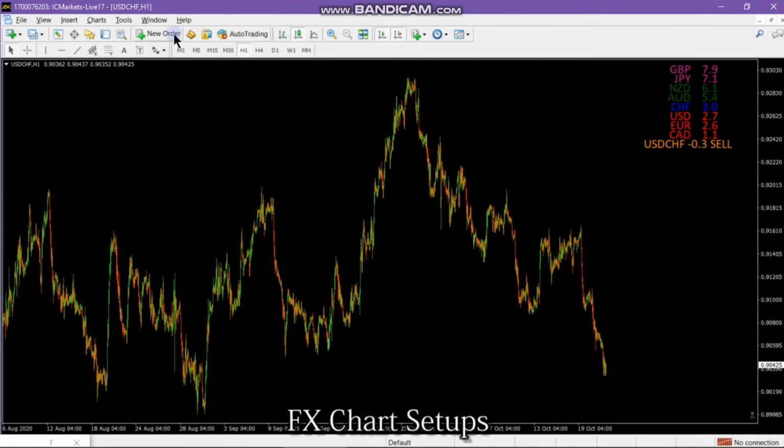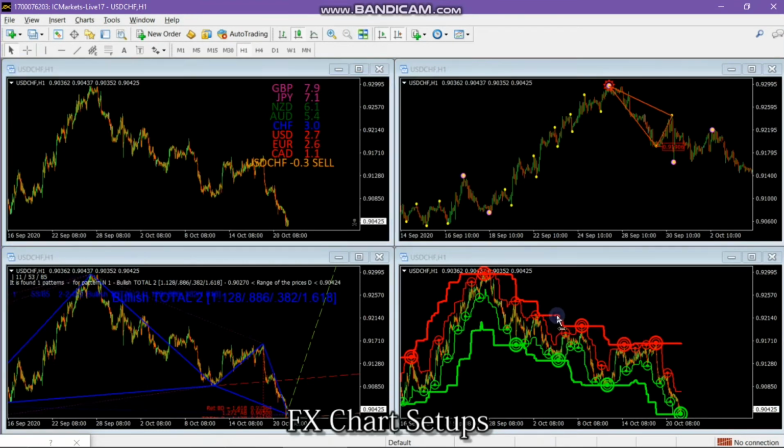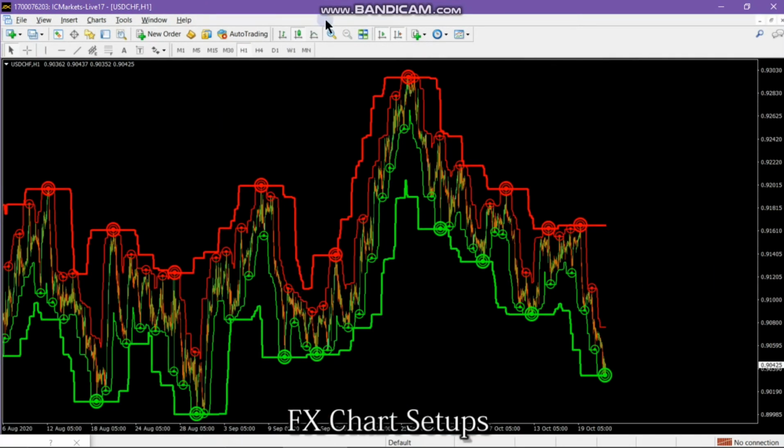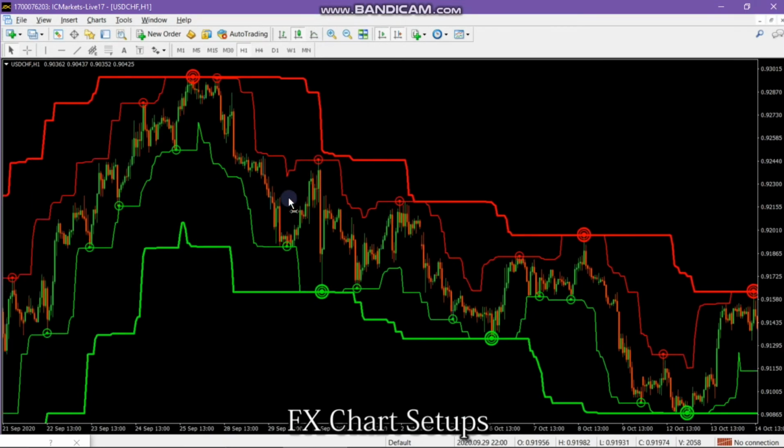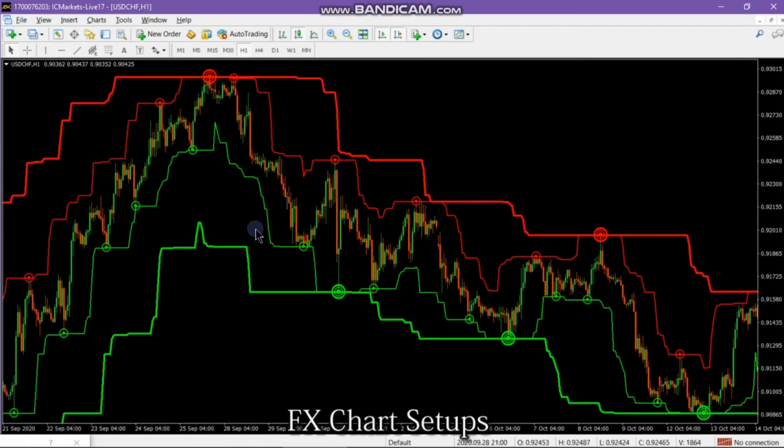And the last indicator that I want to speak about is our confirmation indicator. How this indicator functions is very similar to how Bollinger Bands function. There is an invisible moving average in here.